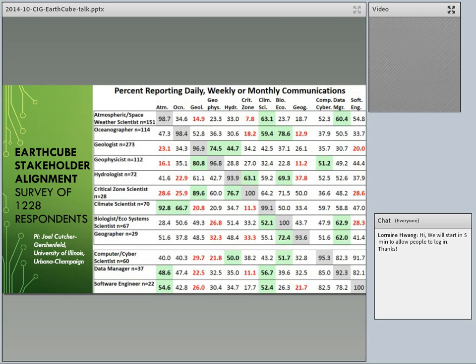And of course, within the same discipline, people do communicate, which is reassuring. People much more rarely communicate across disciplines, and in some cases they don't communicate at all, or close to none. Like for instance, geophysicists and geographers don't tend to communicate. And then there are computer scientists, data managers, and software engineers, which all communicated between themselves, but not so much with the main scientists. So that could be improved.